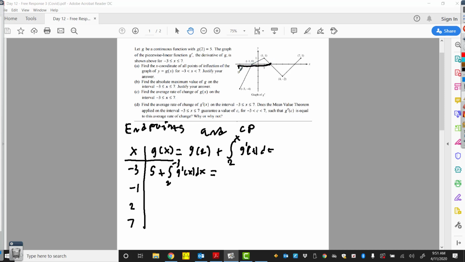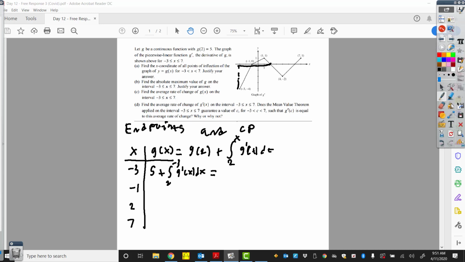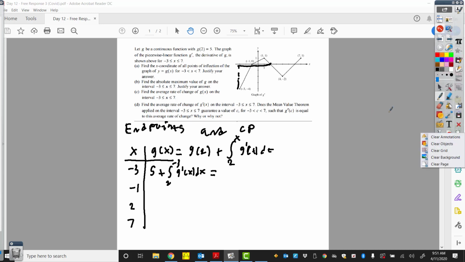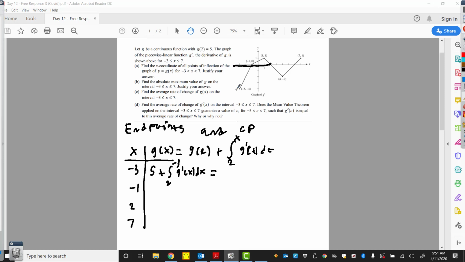So after we find the area, that means we're going to have to multiply it by a negative, because we have to do the opposite sign since we are going to the left instead of to the right.